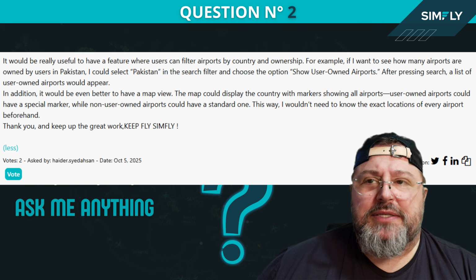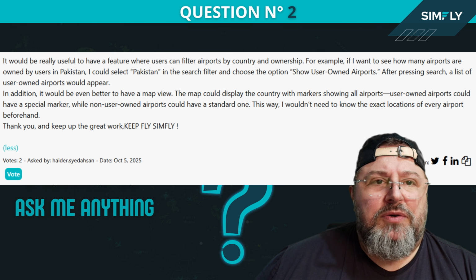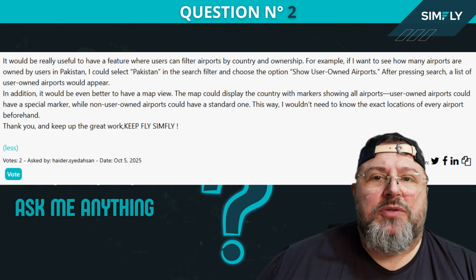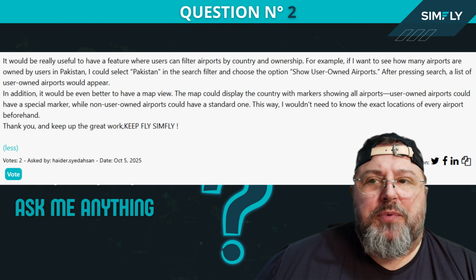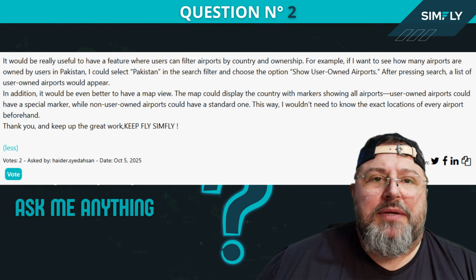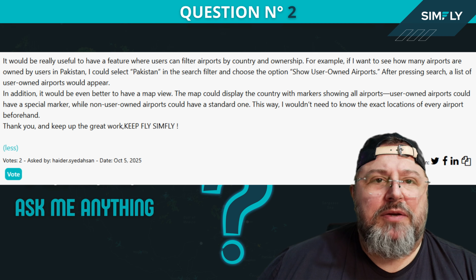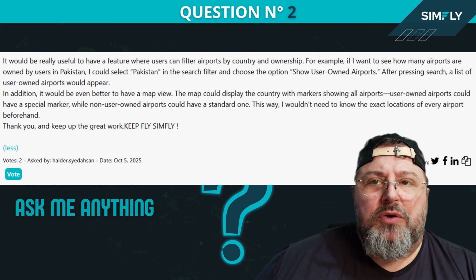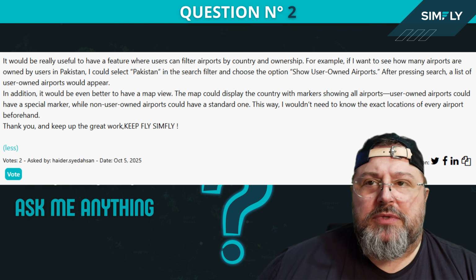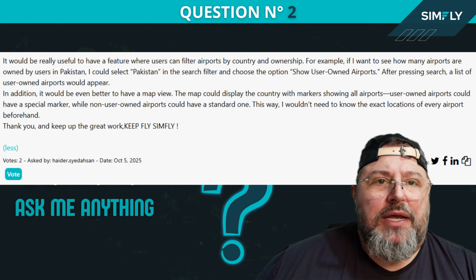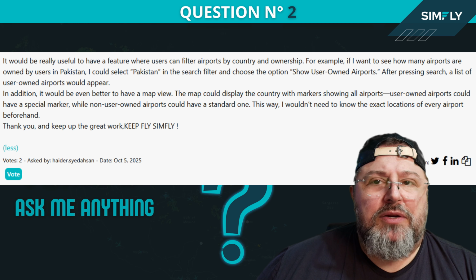After pressing Search, a list of user-owned airports would appear. In addition, it would be even better to have a map view. The map could display the country with markers showing all airports. User-owned airports could have a special marker, while non-user-owned airports could have a standard one. This way, I wouldn't need to know the exact location of every airport beforehand.